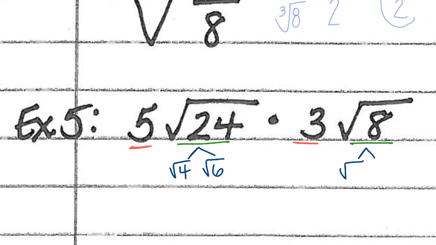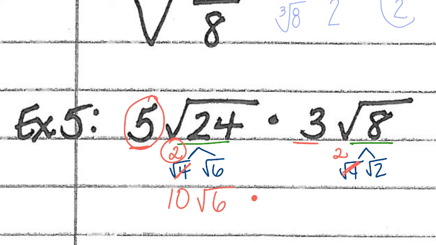I also know that 4 times 2 is going to give me the perfect square. When I take 4 out, I get 2. So now I'm just going to multiply my numbers. So I have 10 root 6. And I'm going to multiply my numbers again, and I have 6 root 2.